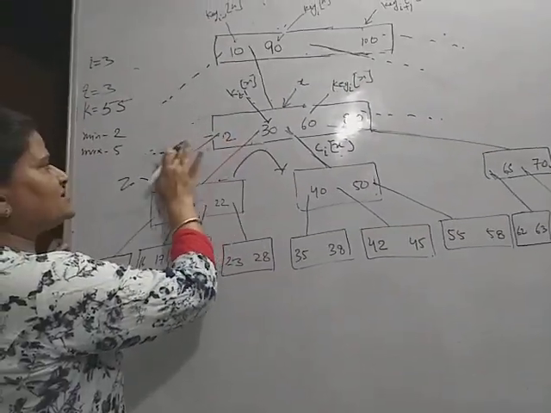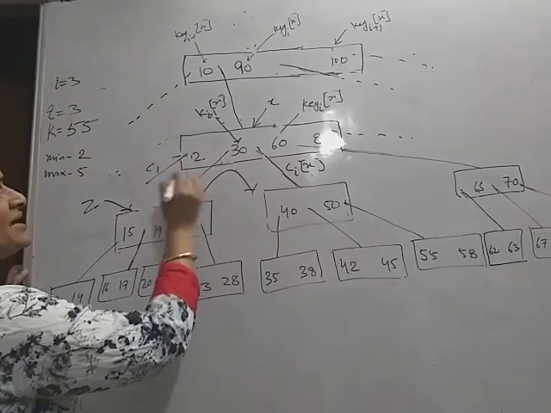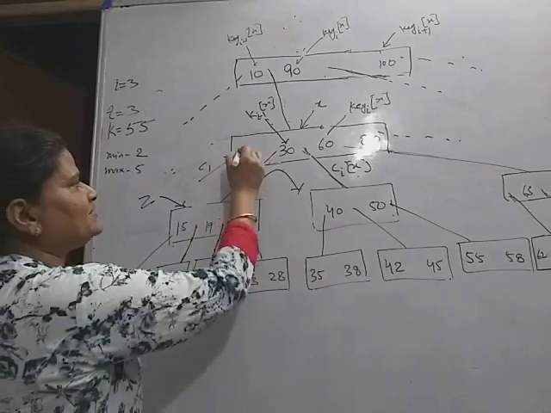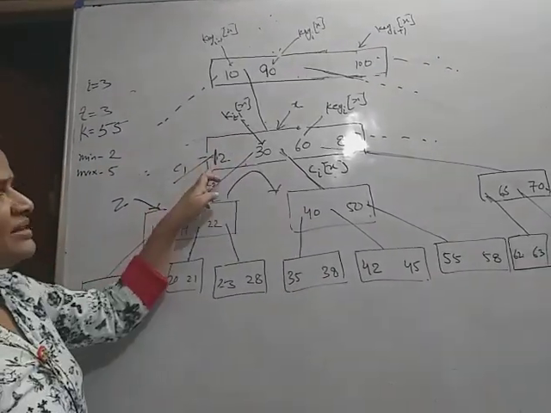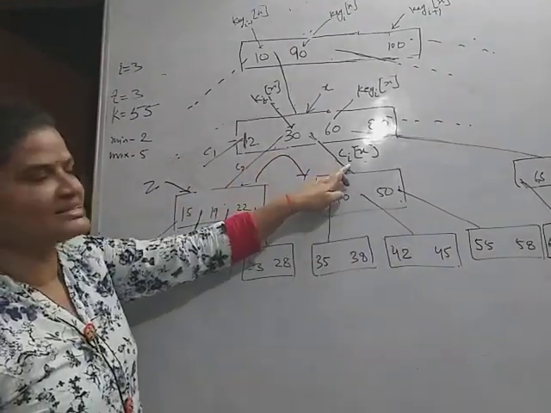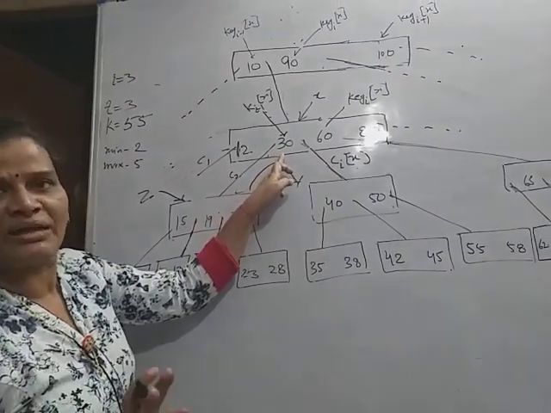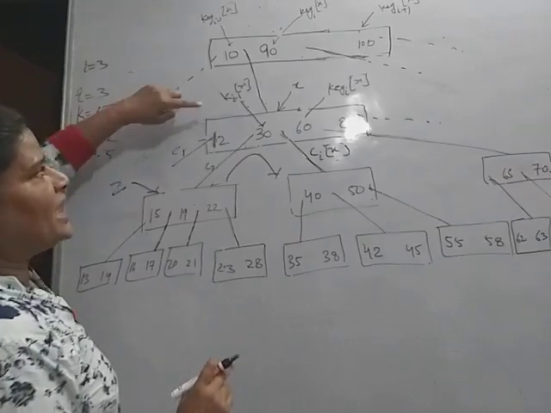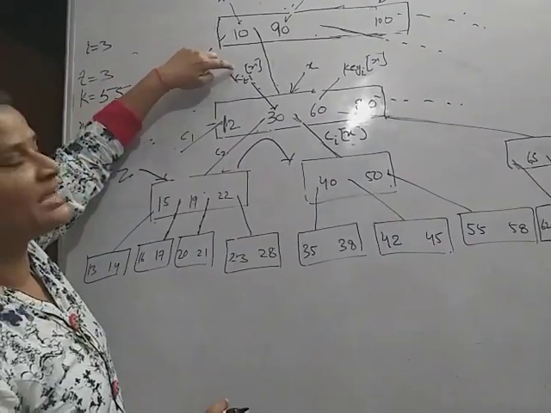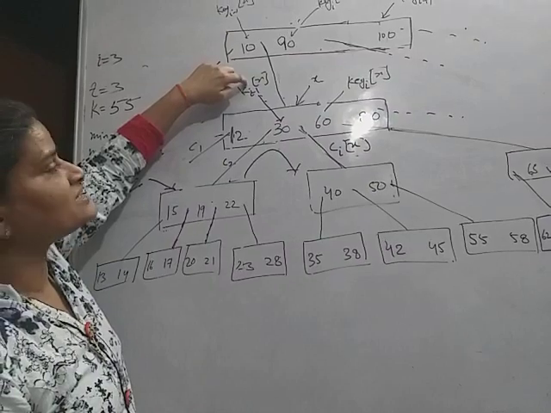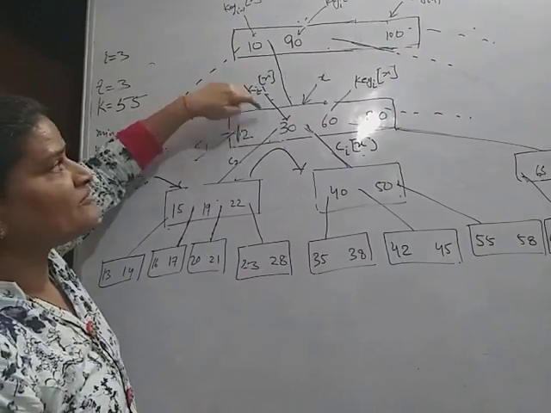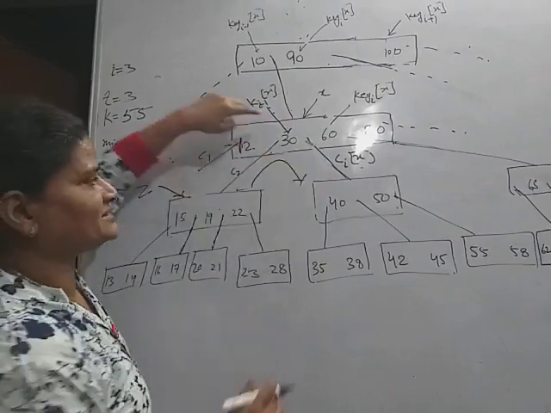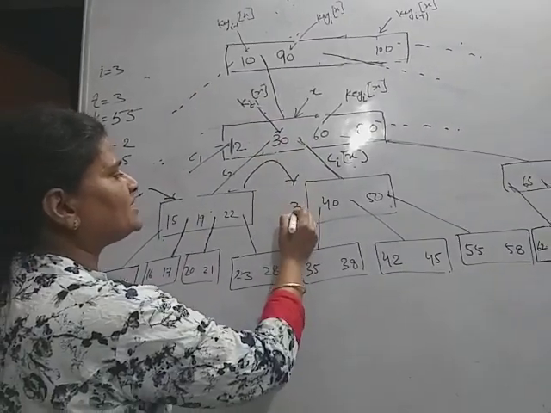See, this is the first child C1, this is the second child C2, and this is the third child C3. And this is the first key K1, and this is the second key. Since i is 3, this is K(i minus 1). The (i minus 1)th key of X will move down into Ci[x]. So 30 will be moved here.